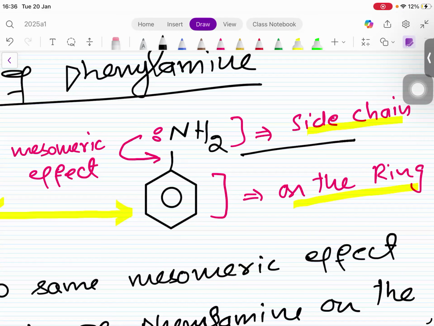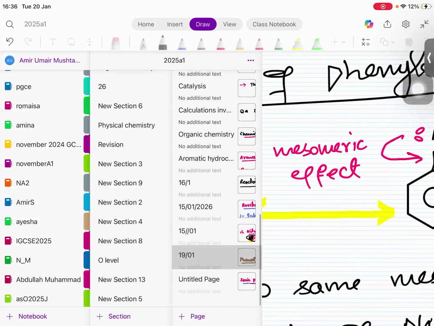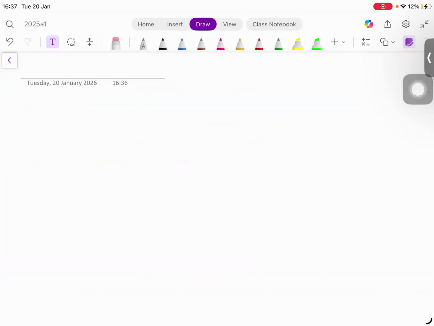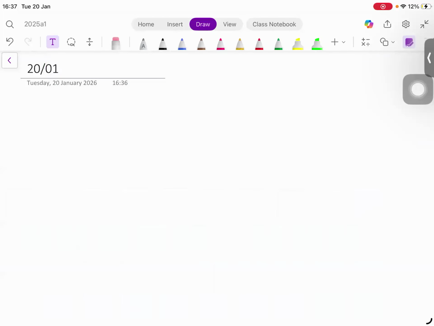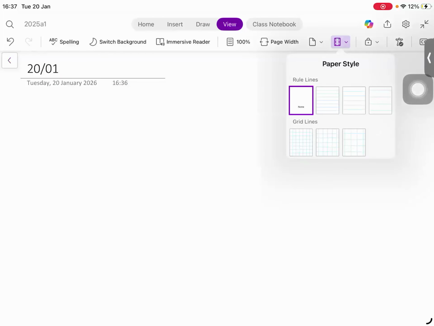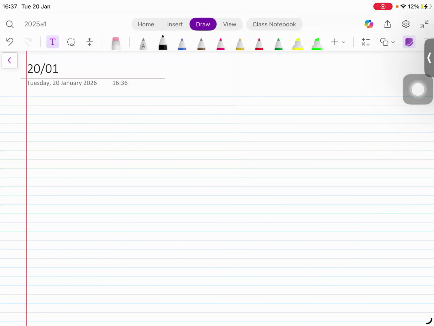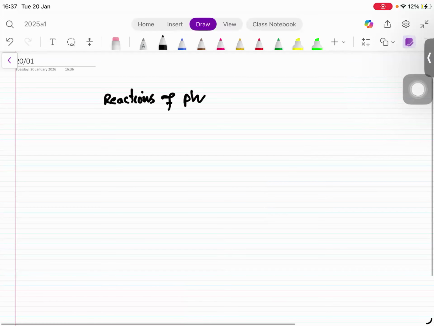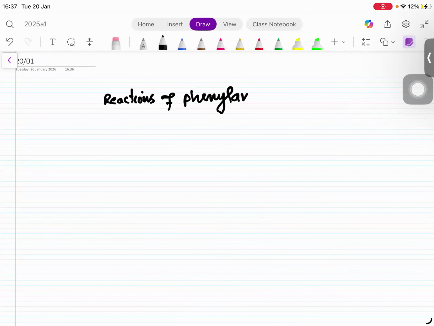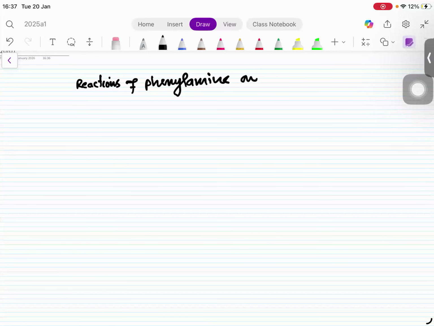So reactions of phenylamine on the side chain, please give a heading: Reactions of phenylamine on the side chain.